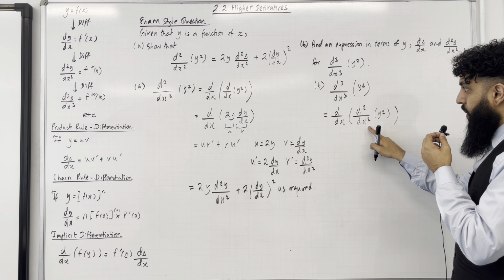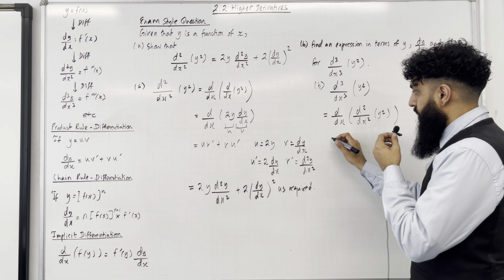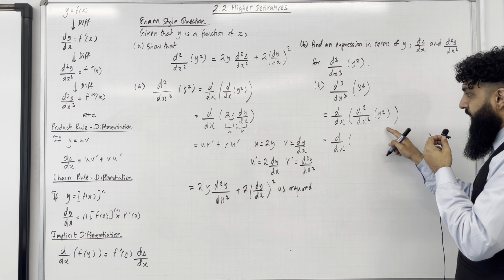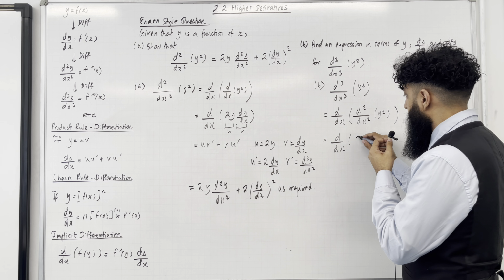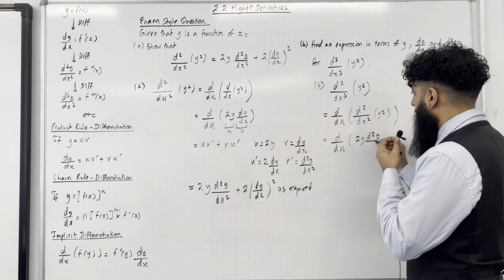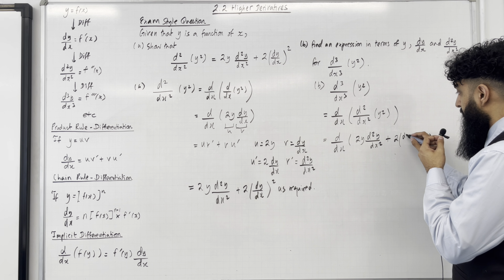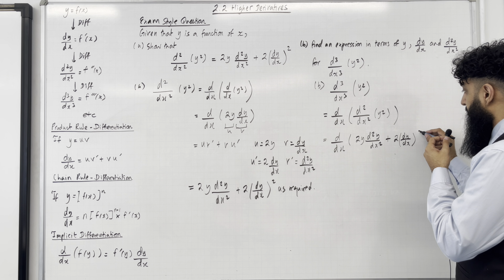Now this one over here was already calculated in part A, so I can replace this with 2y d2y over dx squared plus 2 lots of (dy over dx) squared.